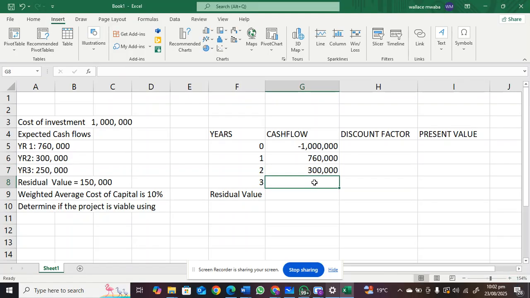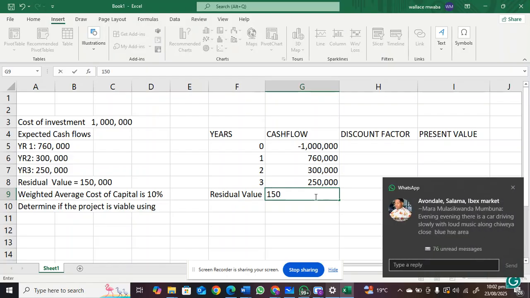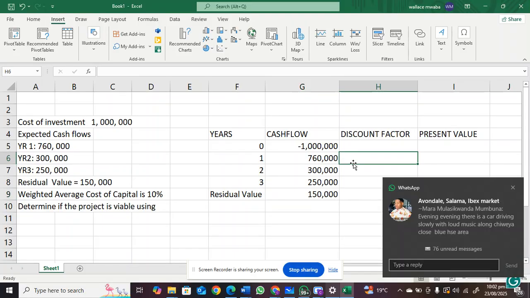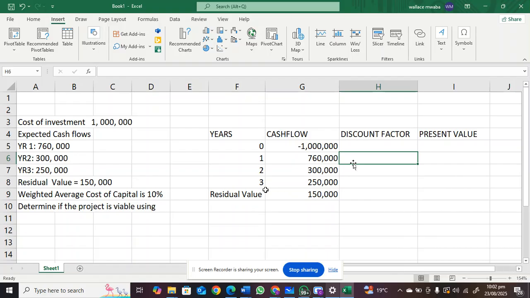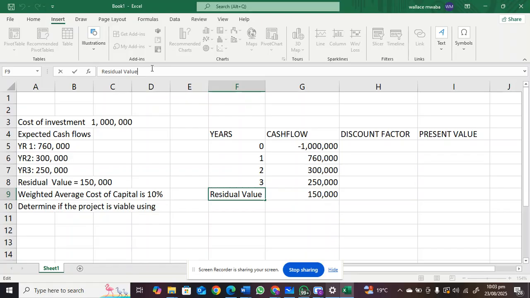Year three, 250,000. Year four, not year 4. Still, this is year 3. Because we're saying after its useful life, you can sell it for, so this will still be in year 3. Okay, residual value, year 3.